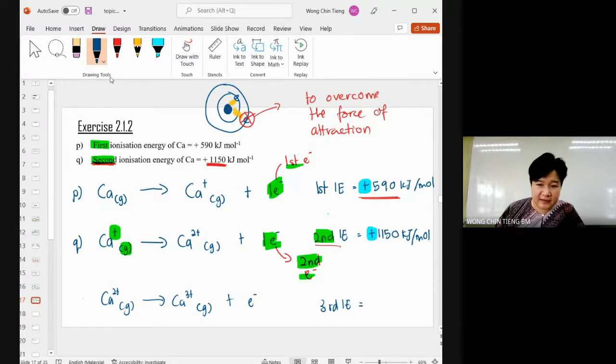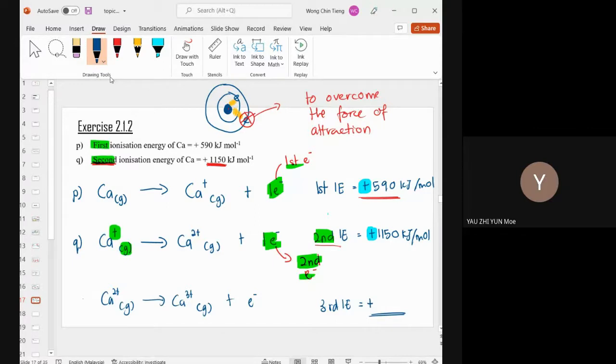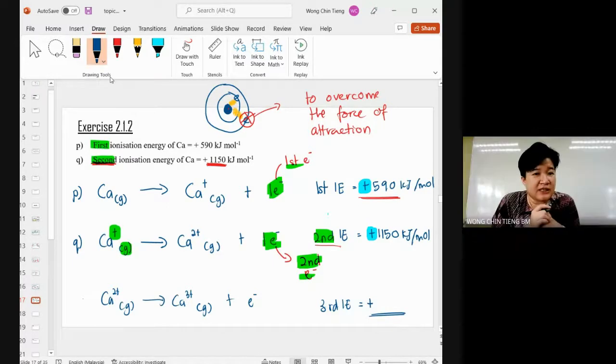Soalan saya, this positive value will be bigger or will be smaller, or it will depends on the question. What do you think? Will be bigger. Bigger. It will always be bigger. Betul Syarifah? Yes. Okay, it will always be bigger than your second IE.